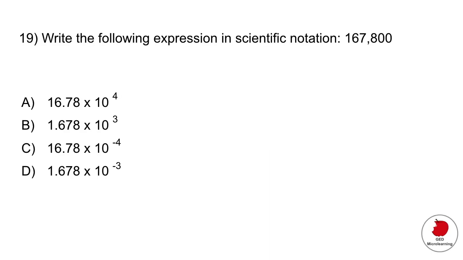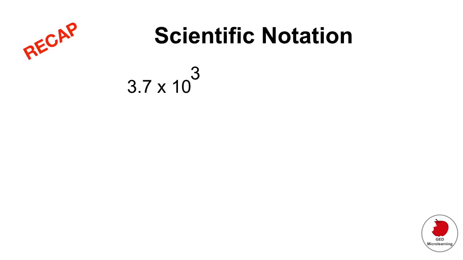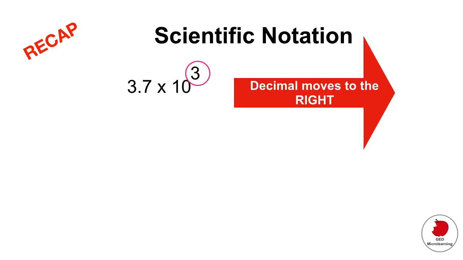All right, so question 19 is a scientific notation problem, and it's asking you to write this expression in scientific notation. So let's quickly remind ourselves what scientific notation is and what it means. Remember that in scientific notation, when you have a positive exponent, what that's telling you is that if you were to write this in whole numbers, not in scientific notation, you would move the decimal point to the right.